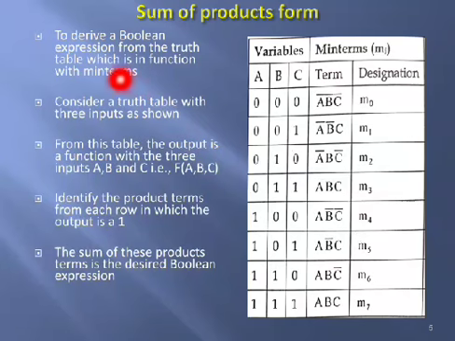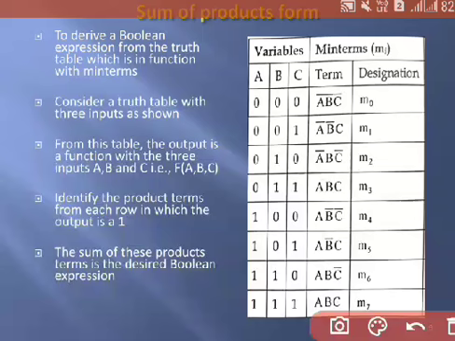So to derive a Boolean expression from the truth table in terms of min terms, first you need to consider a truth table with three inputs as shown here, and from this table the output is a function of the three inputs a, b and c, that is f of a, b, c. Identify the product terms from each row in which the output is a 1.